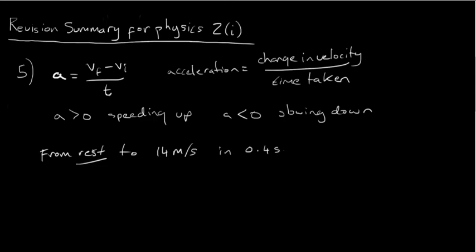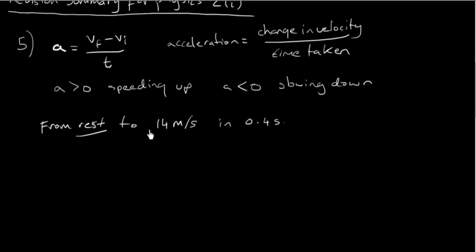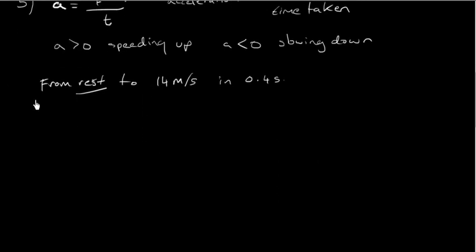So that's the information they give us, and the first thing that I would recommend you always do with these questions is that you translate the words that you read, and you write down the letters and the variables that you actually have, so you are less likely to make mistakes and use the wrong numbers for the wrong ideas. So here rest means 0 speed.